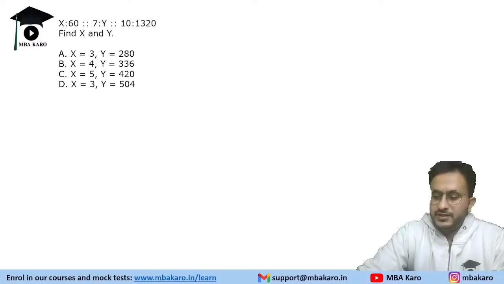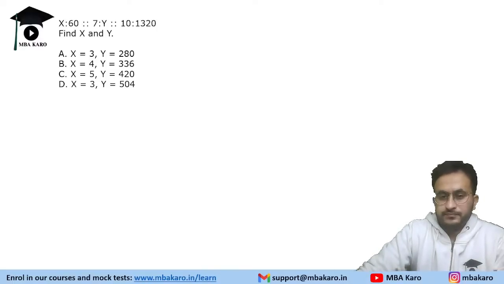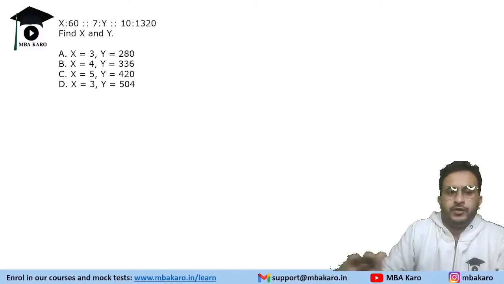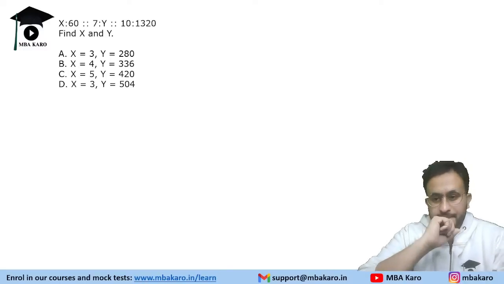B is not mentioning smartphone, but it talks about that loneliness. Okay, so let's find the values of x and y.